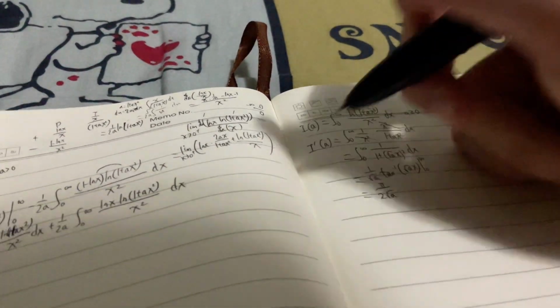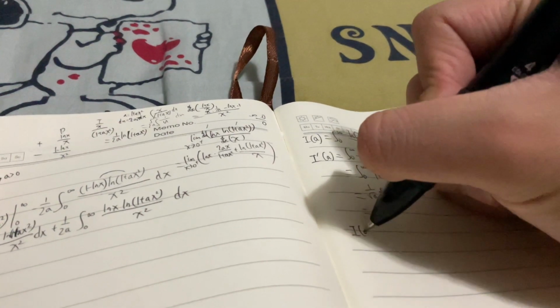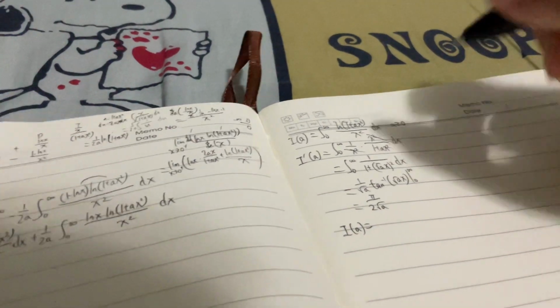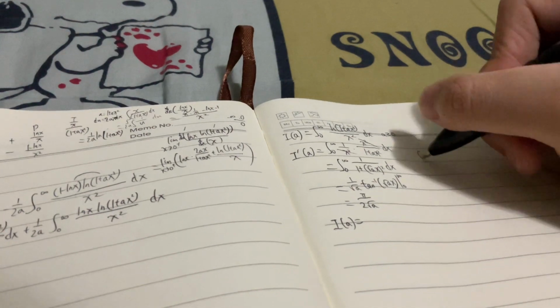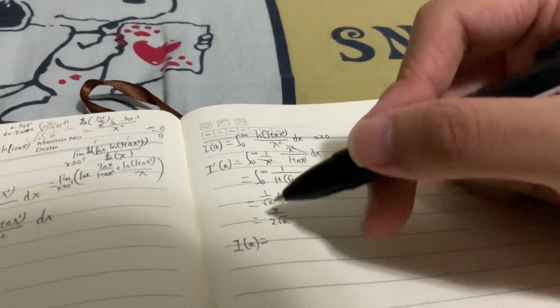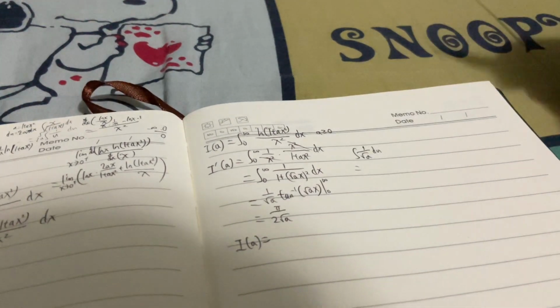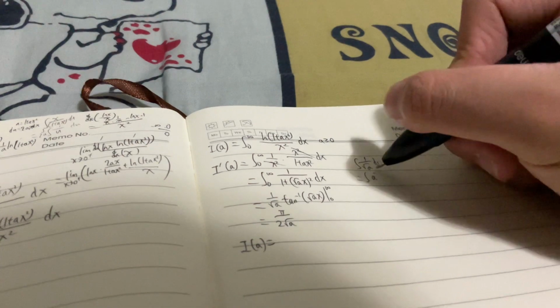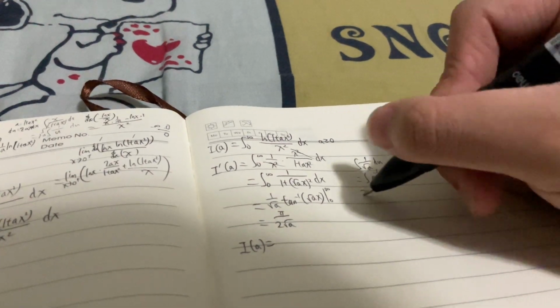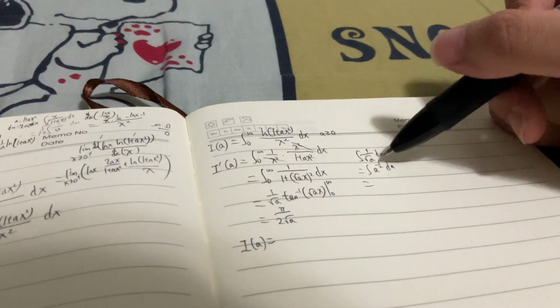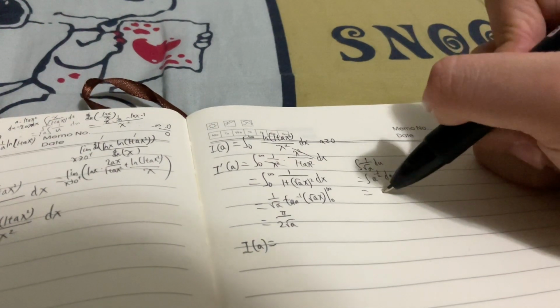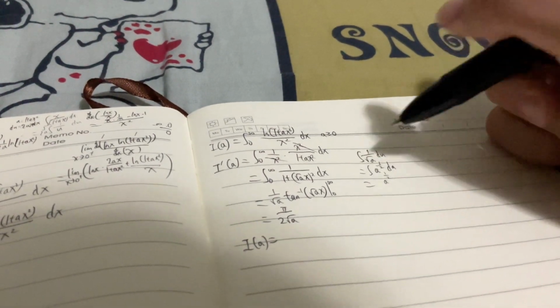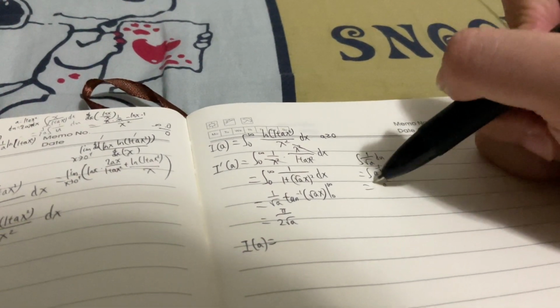And then we are going to integrate both sides. I of a will be equal to, so we are going to integrate 1 over square root of a here, da, and then we are going to multiply by pi over 2 later. To integrate this, it's a to the power of negative 1/2. First you add 1 to the power, you get a to the power of 1/2, and divided by the new power which is 1/2.